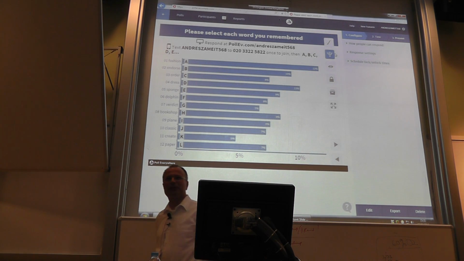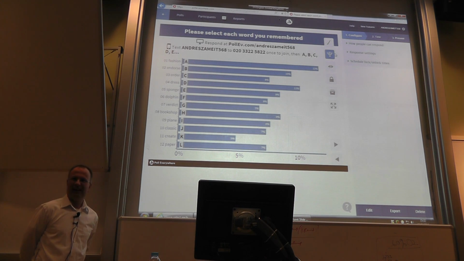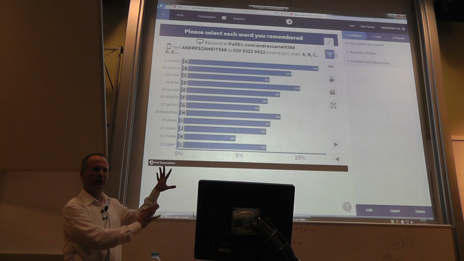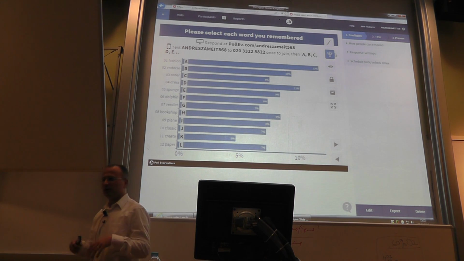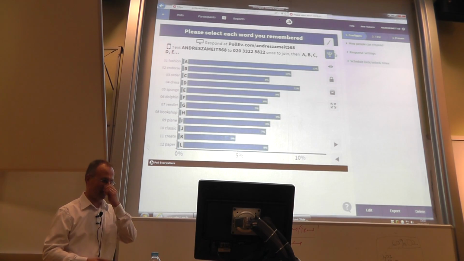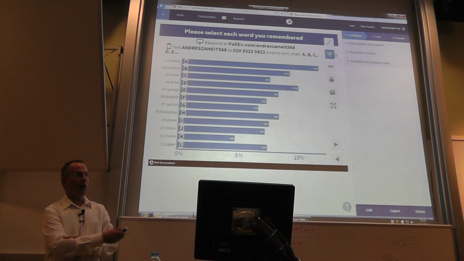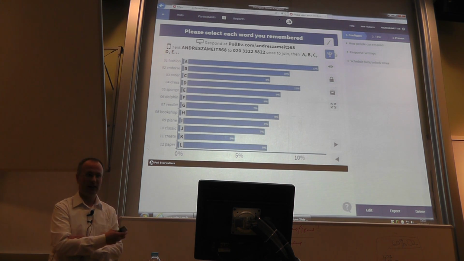I was hoping for a slightly different pattern, but let's just over-interpret that data a little bit, so don't do that with your real data. So what you typically would find if you do a proper experiment of that type is that words in the beginning and words in the end are usually better remembered. You can see that here.